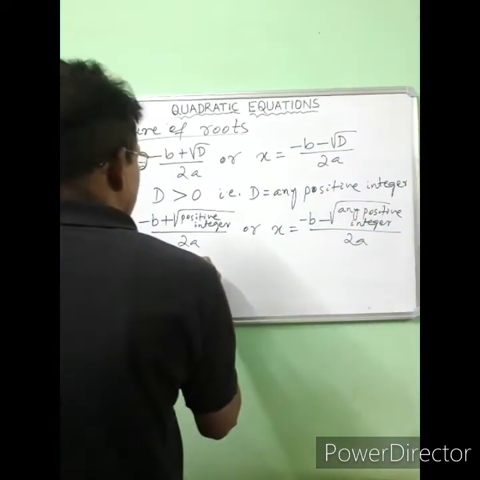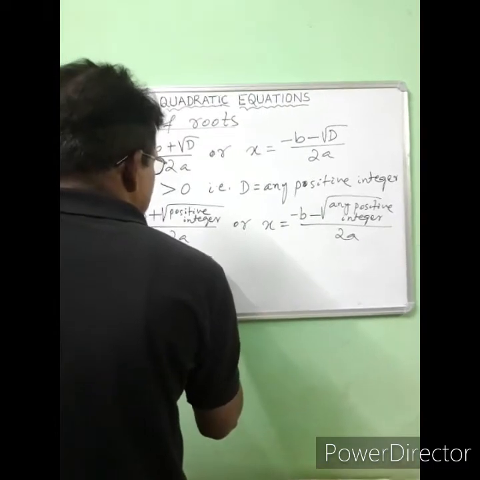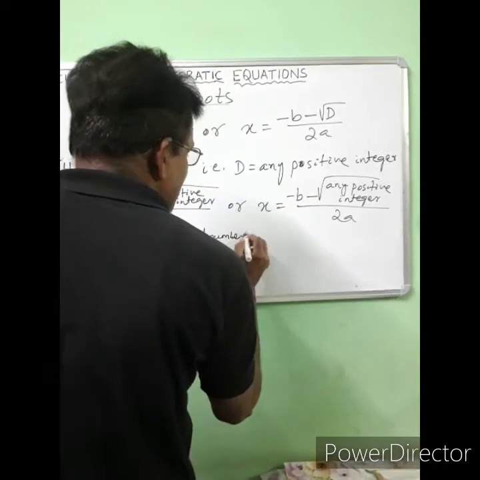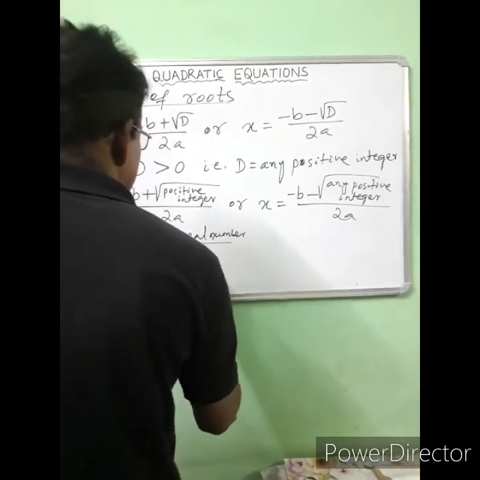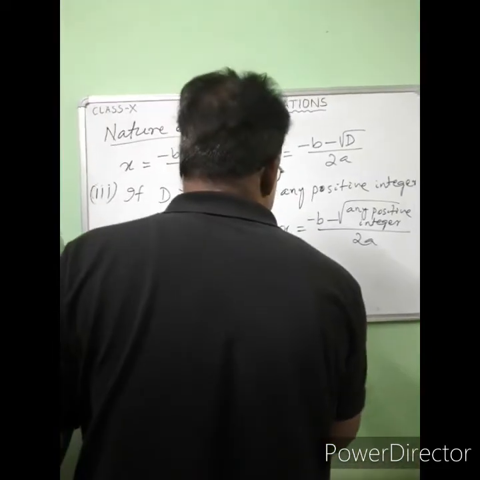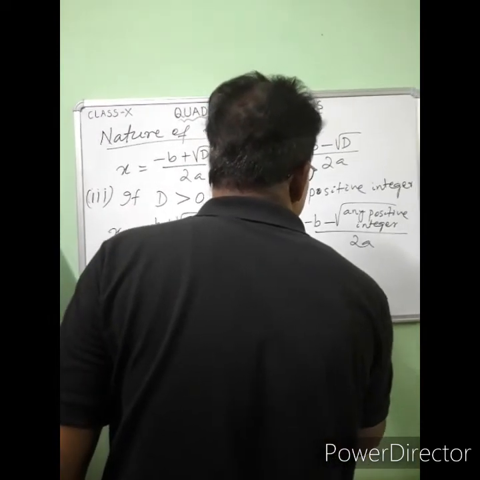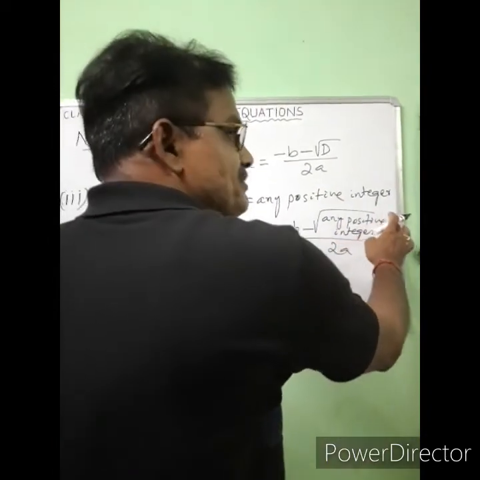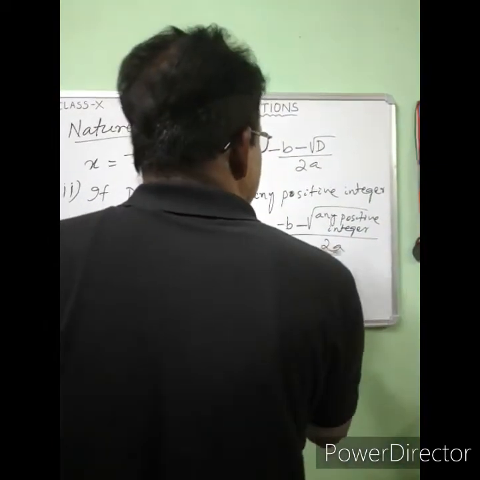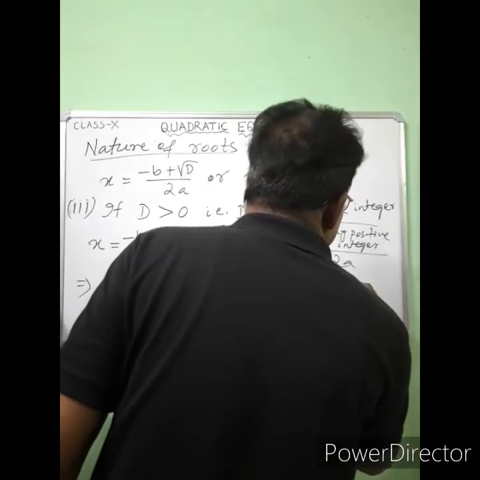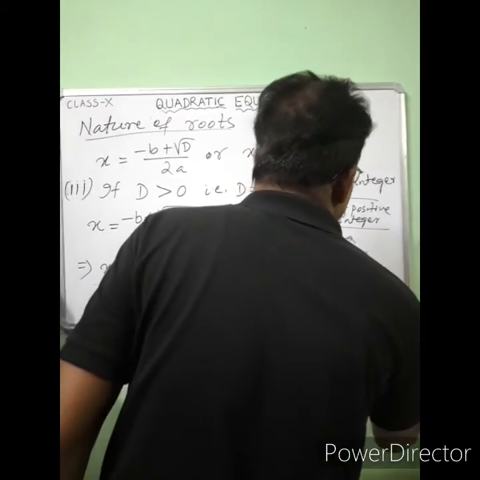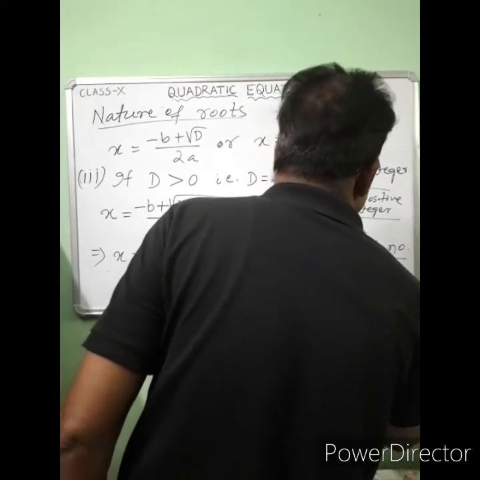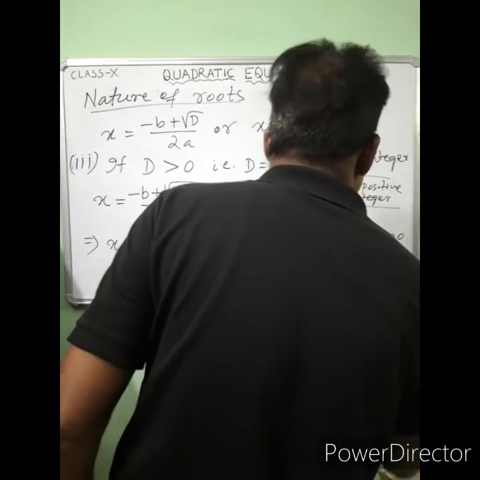So minus b plus a real number, by 2a, or x is equal to minus b minus a real number, by 2a.